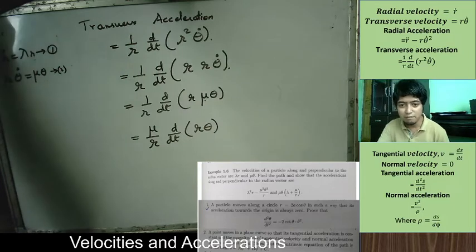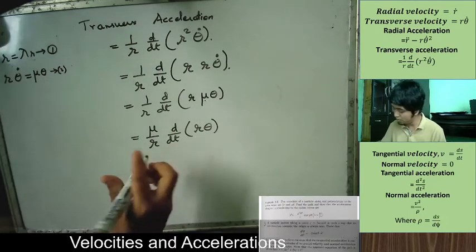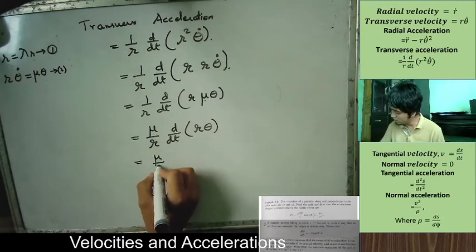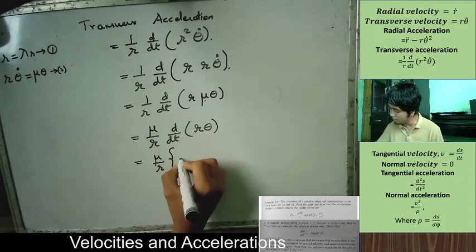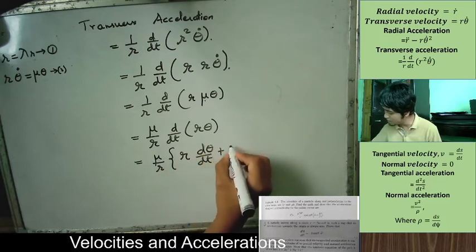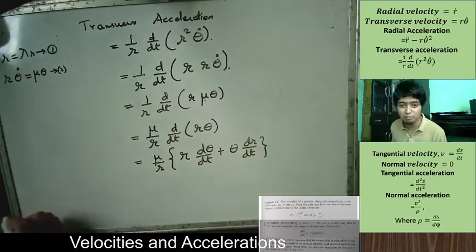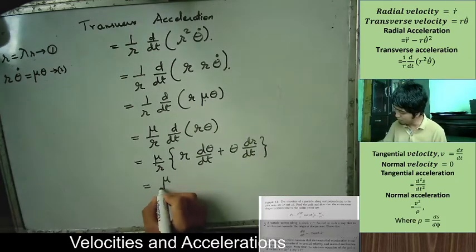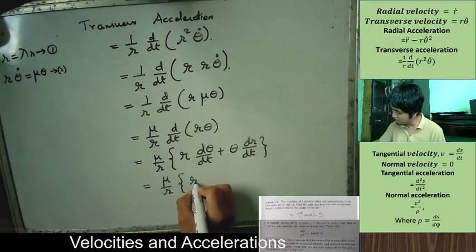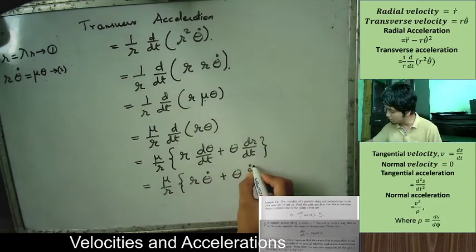Now that we have reached this stage, we can apply the product rule. Mu upon r, over here we apply the product rule for derivatives: r d theta/dt plus theta dr/dt. So we will have mu by r times theta dot plus theta r dot.